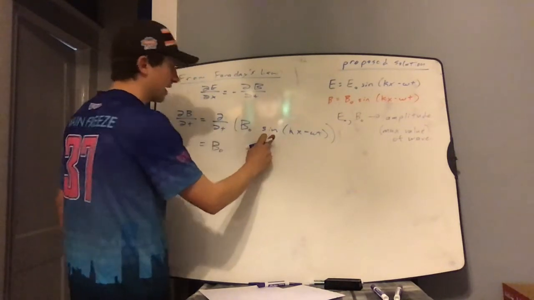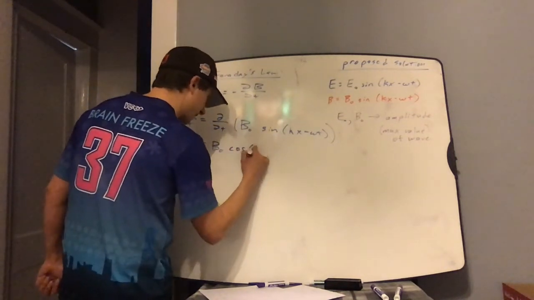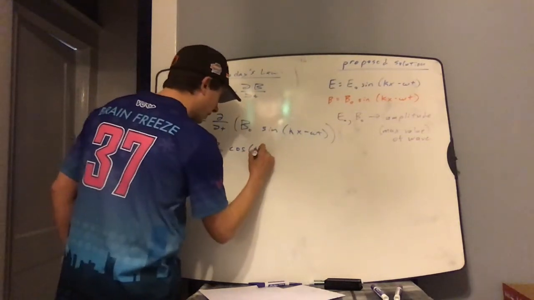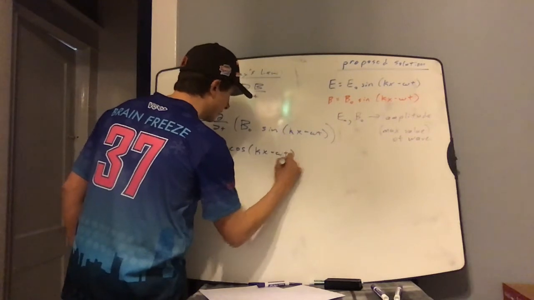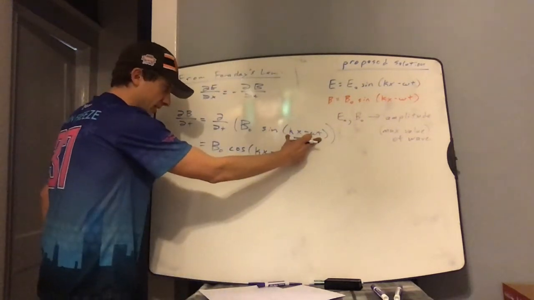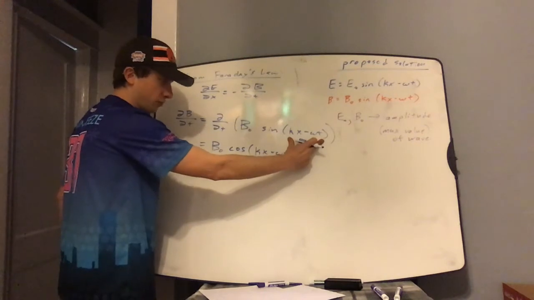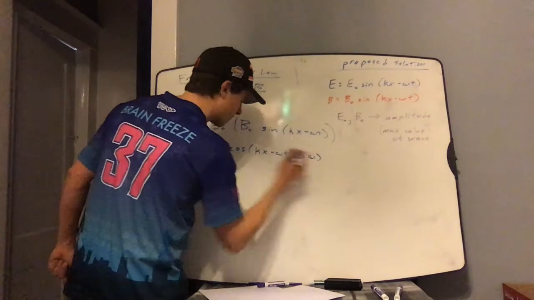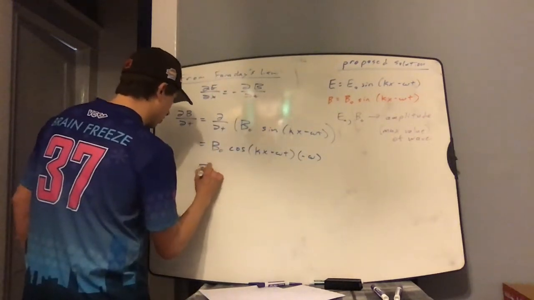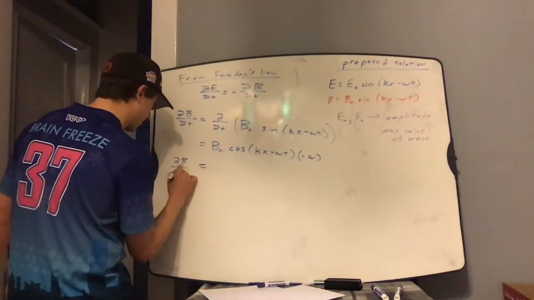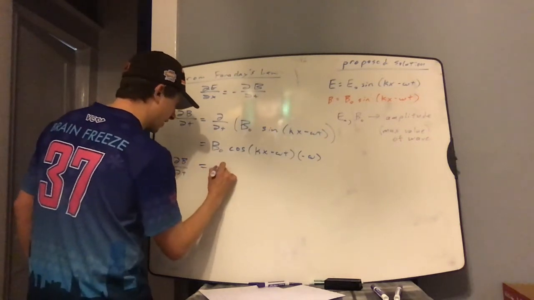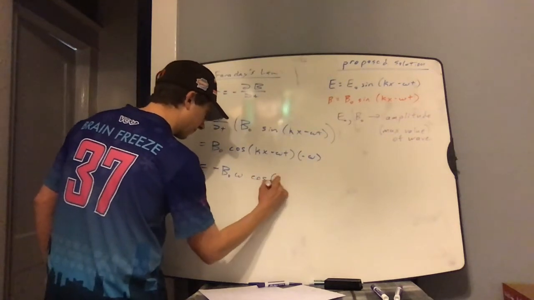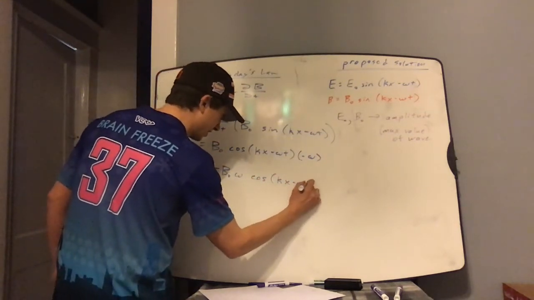The derivative of sine is cosine times whatever's on the inside. I'm basically applying the chain rule, times the derivative of the argument here. The derivative of this stuff with respect to t would be negative omega. So dB dt is equal to negative B naught omega cosine kx minus omega t.